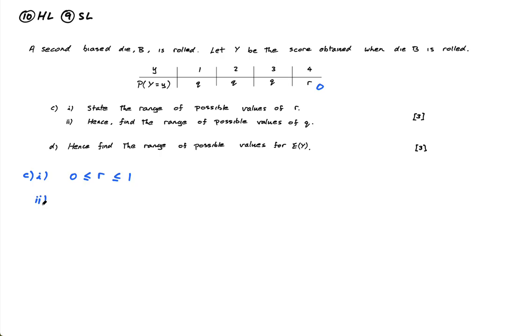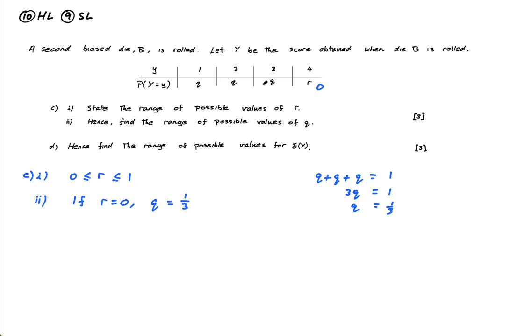Hence, find the range of possible values of Q. Okay, well, I kind of did it there. I'll write this down just to show a bit of working. If R equals 0, Q is equal to a third. That's because Q plus Q plus Q has to equal 1, which makes 3Q equals 1, Q equals a third.